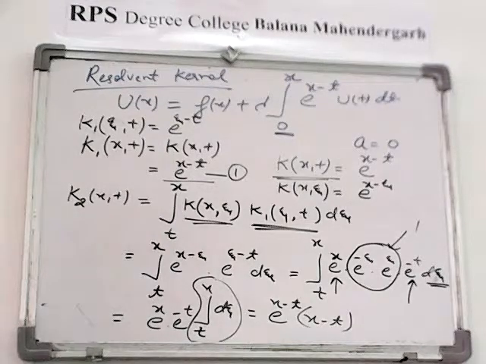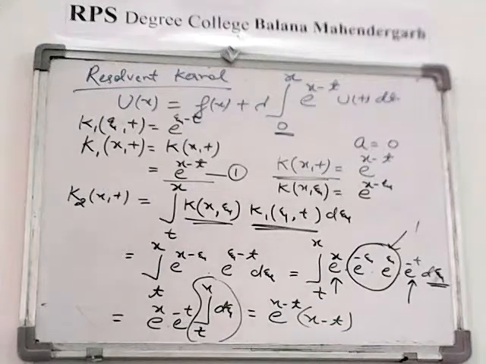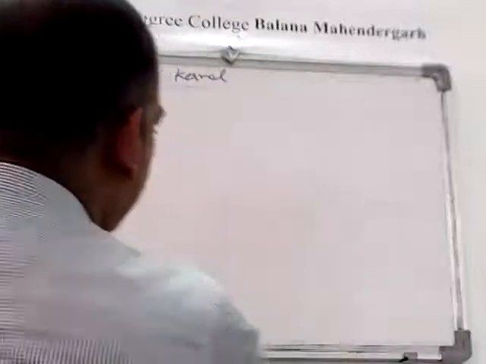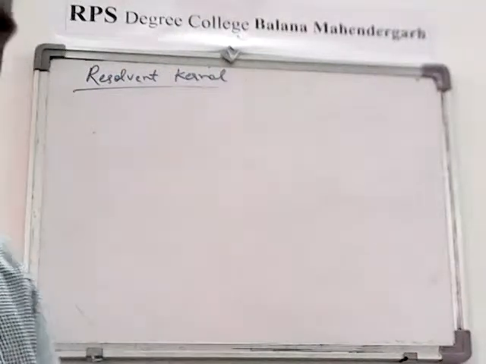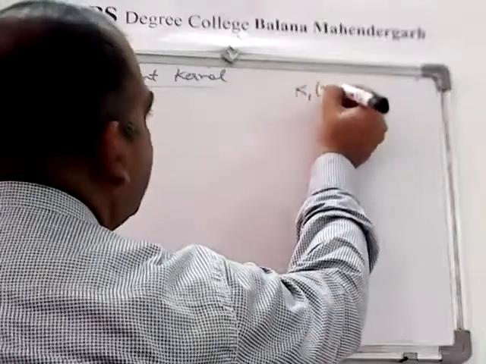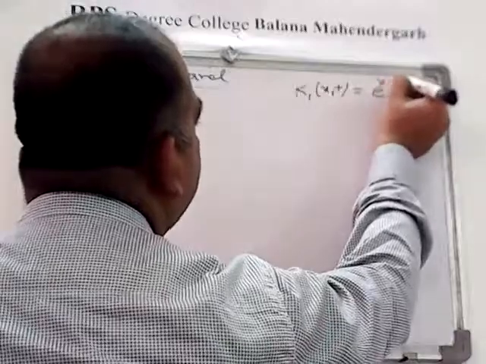So this is the value of k2 x comma t. As we have calculated the value of k2 x comma t, k1 x comma t was equal to e raised to power x minus t.